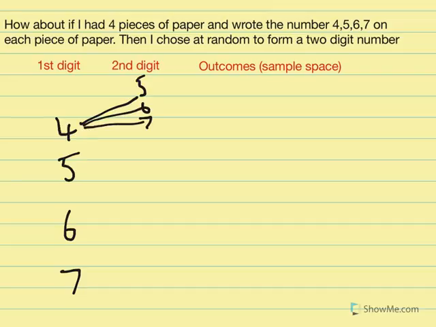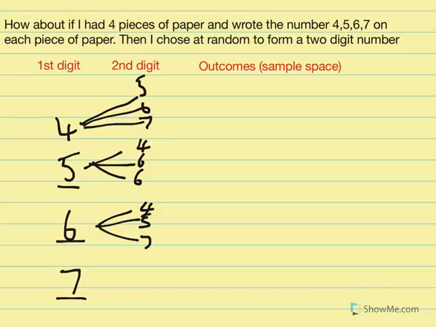Now if I've picked up a 5, I can't pick up a 5 again, so it must be 4, 6 and 7. A 6, I can't pick up a 6 again, so it must be 4, 5 and 7. And when I've already picked up my 7, the second digit must be a 4, 5 or a 6.